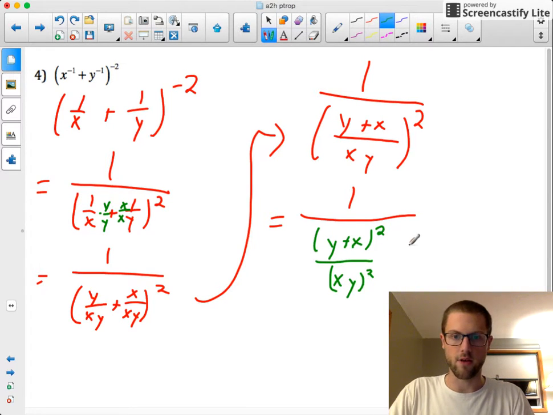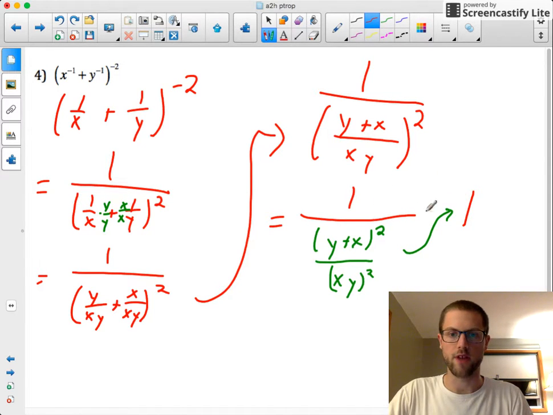And now what I have here is that 1 from the top being divided by this fraction, y plus x squared over xy squared.